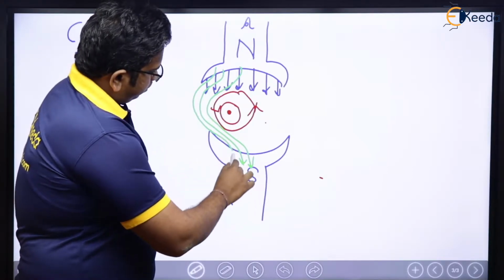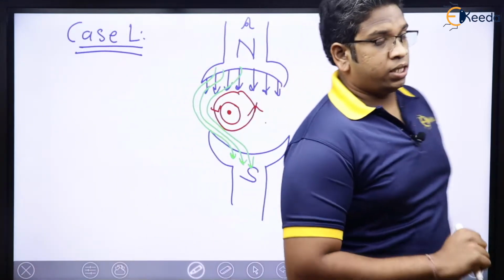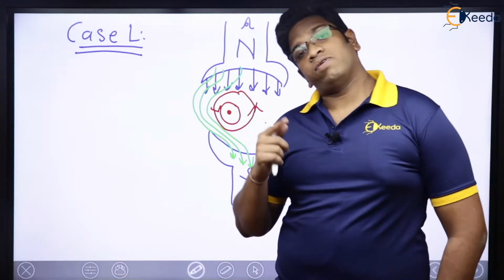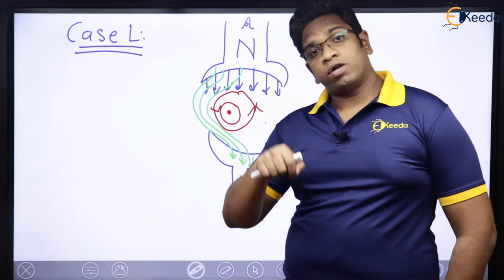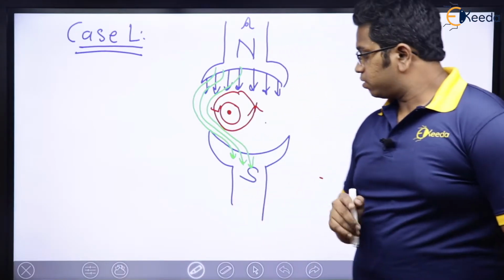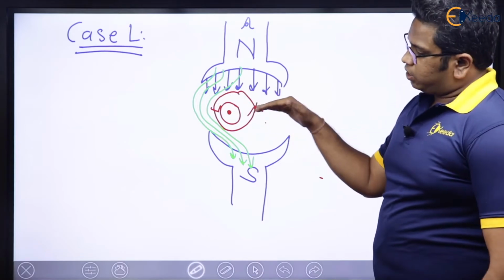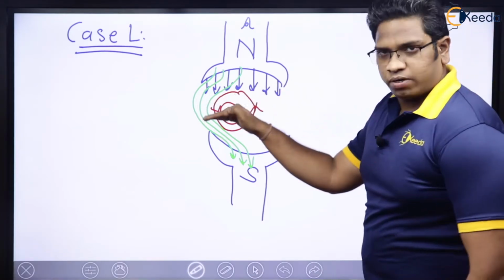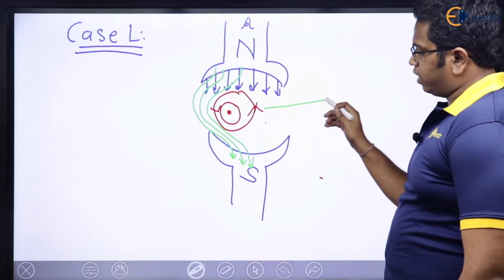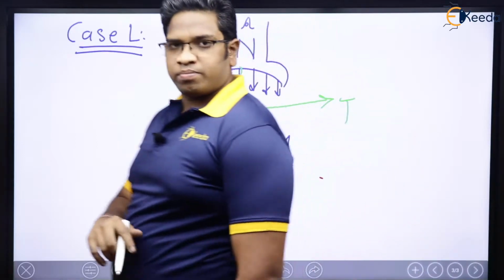Now, we have already studied that the direction in which the rubber band or the flux lines are stretched, torque will be produced in its opposite direction. Already discussed, right? So here, rubber band is stretched from right to left, which means torque will be produced from left to right like this. Is it clear?